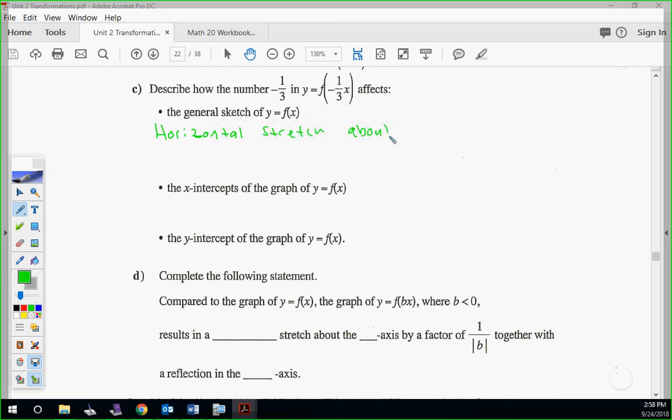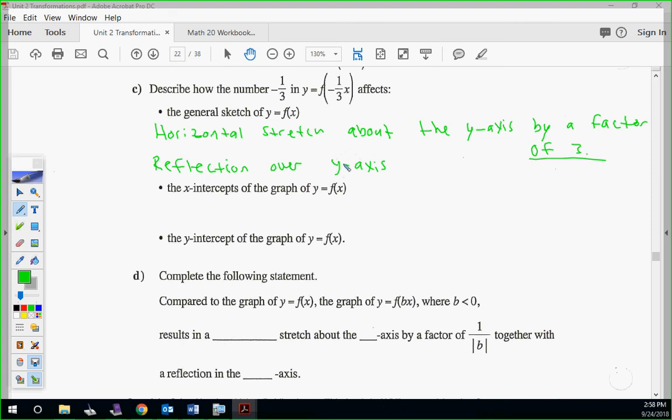About the y-axis by a factor of 3. Okay, and then we had a reflection over the y-axis. The x-intercepts did flip.